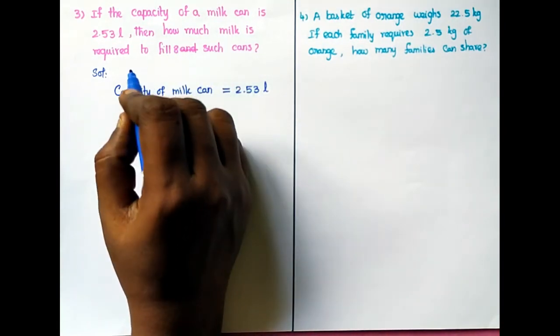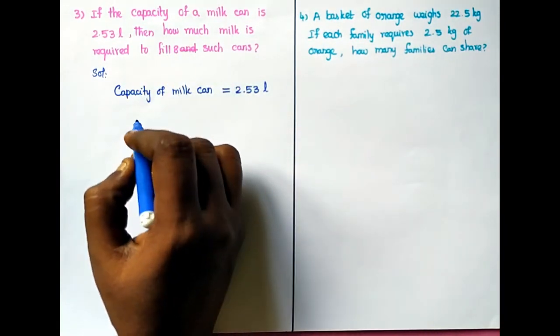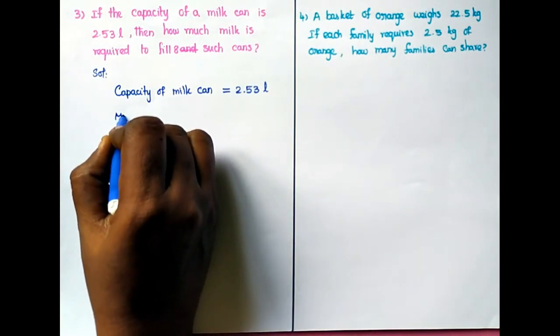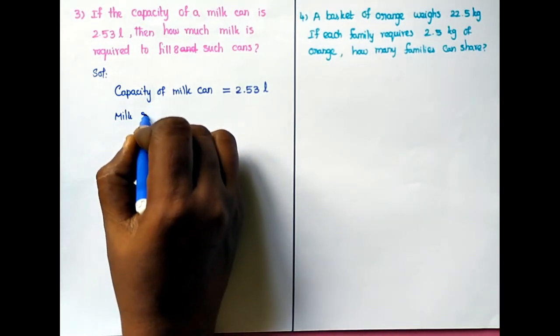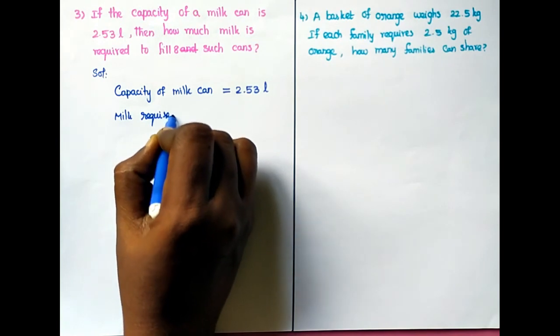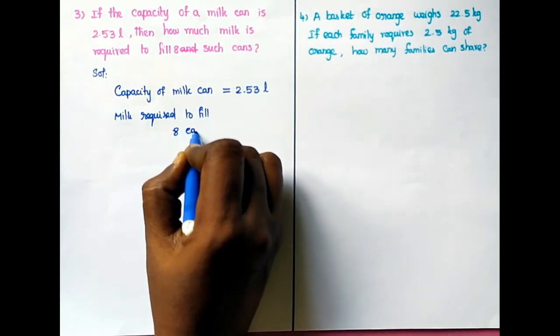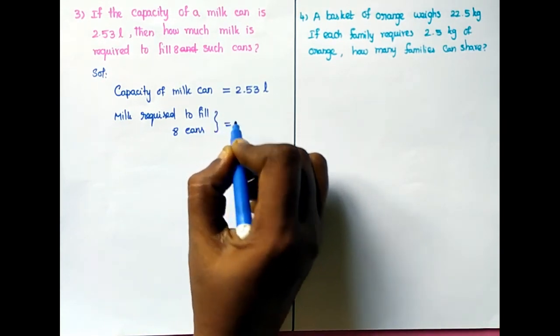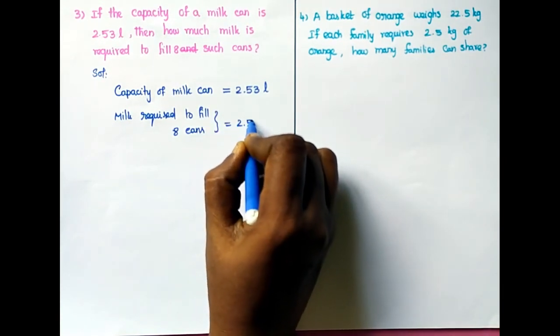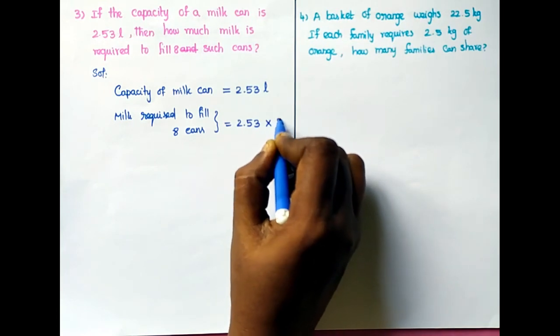So milk required to fill 8 such cans means 2.53 into 8.